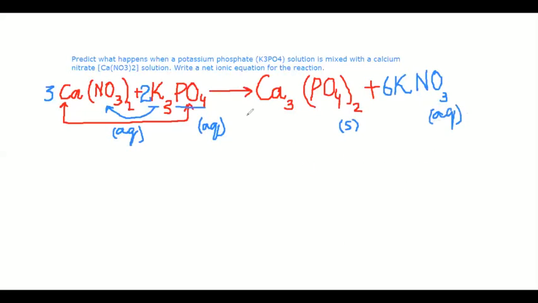Okay, students, now in second step, we have to write ionic equation. So how will you write ionic equation? As we have discussed in our previous example, we separate all soluble compounds into ions. How many Ca? 3. So we have to write 3. How many NO3? It is 6.